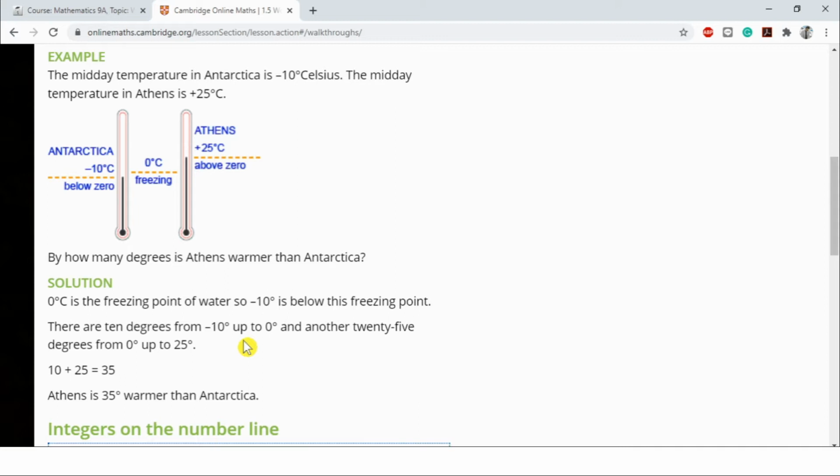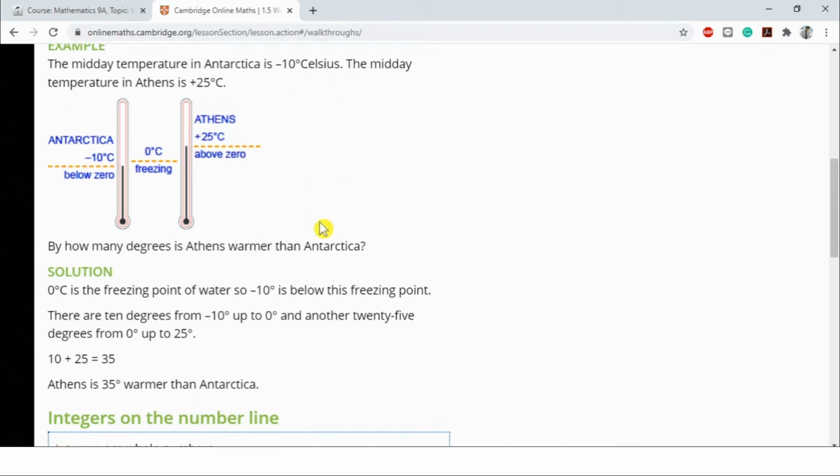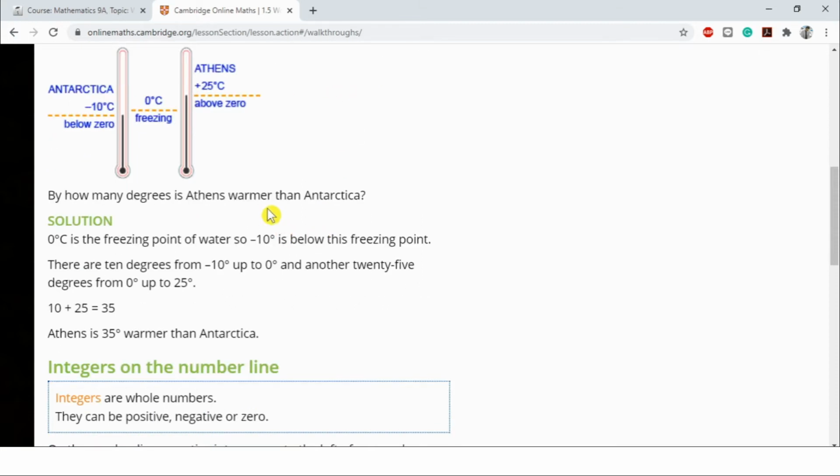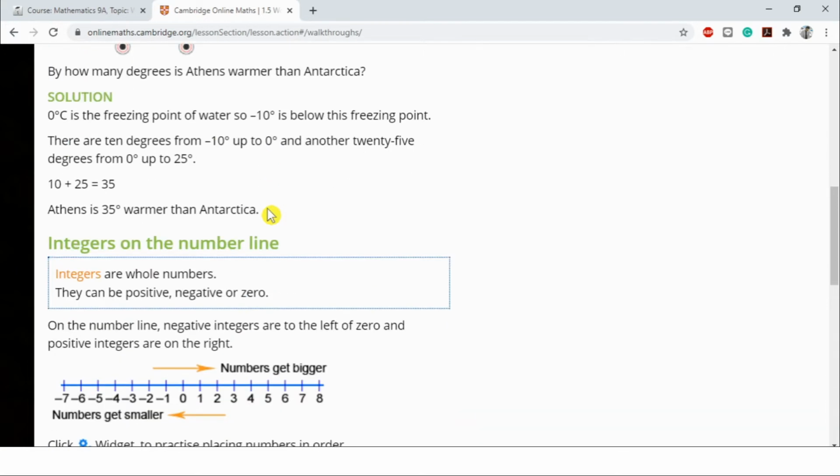So we add the difference from 0 down to negative 10, which is 10, and from 0 up, which is 25. So 10 plus 25 is 35. This is the temperature difference between Antarctica and Athens during midday. This is how we can use directed numbers.